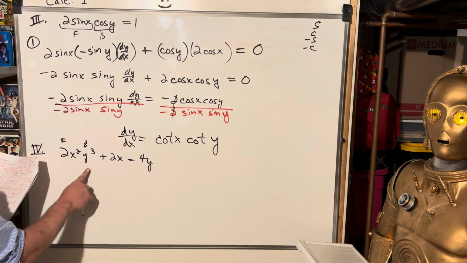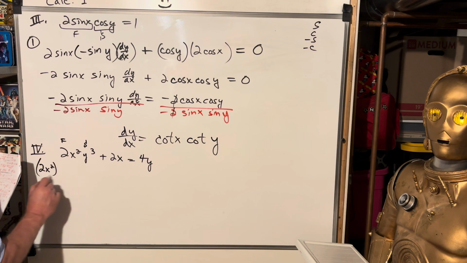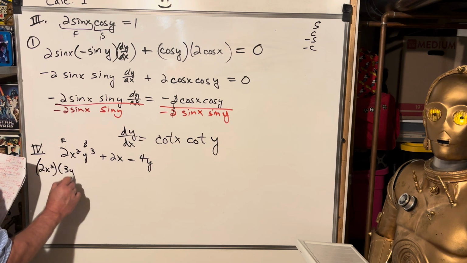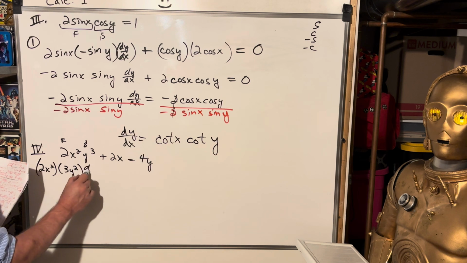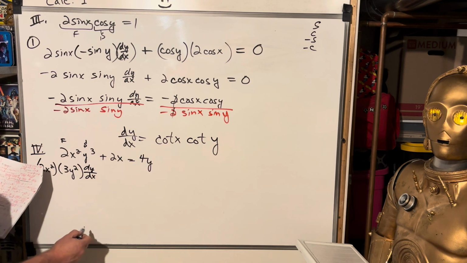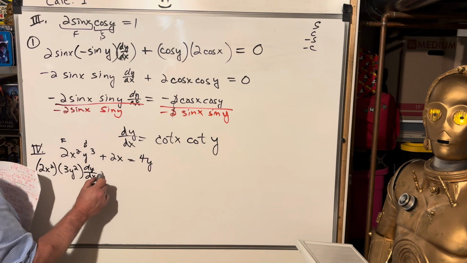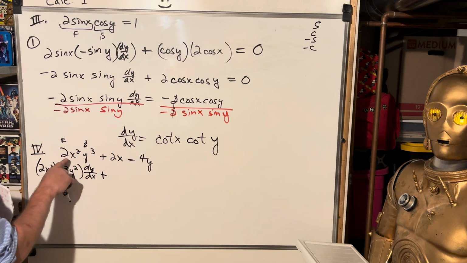So we have to write down the first, take the derivative of the second, and now because it's a y, we're going to throw in a dy dx. All right, plus, we're still on this term, we haven't done anything there yet.